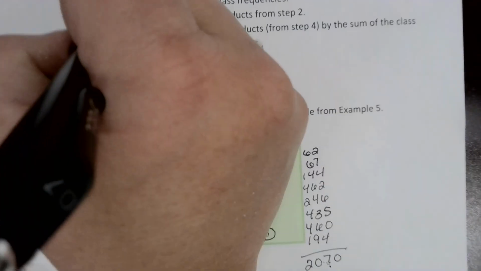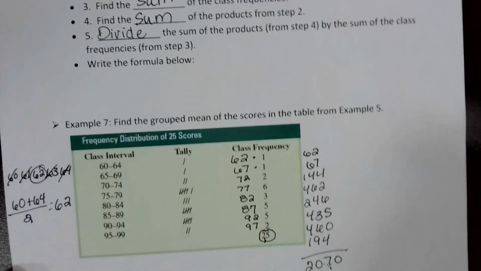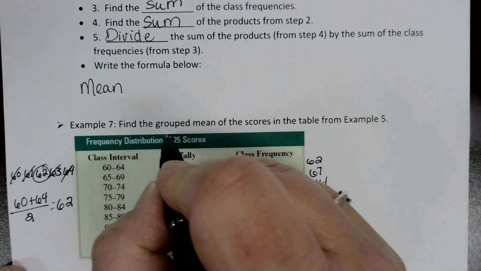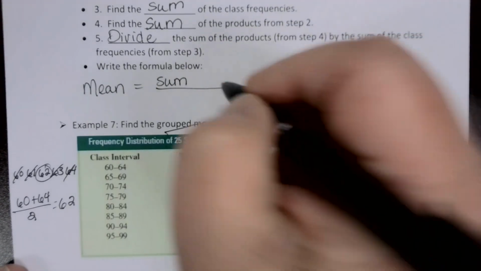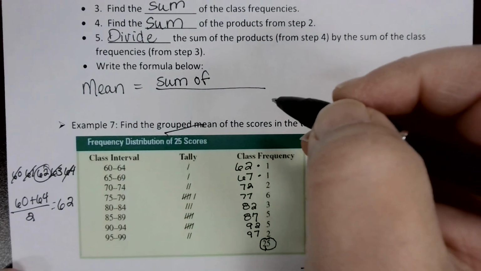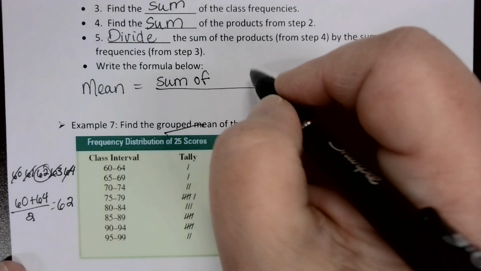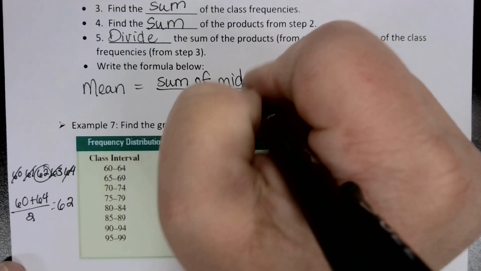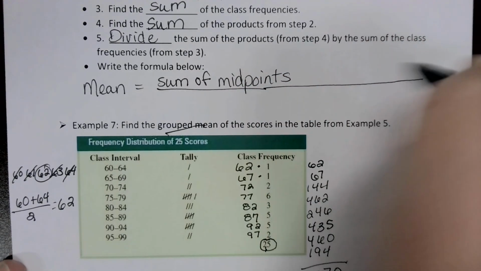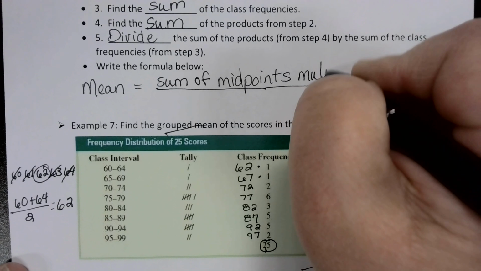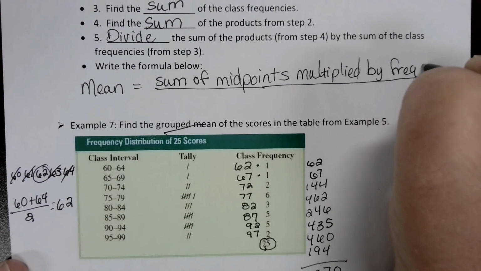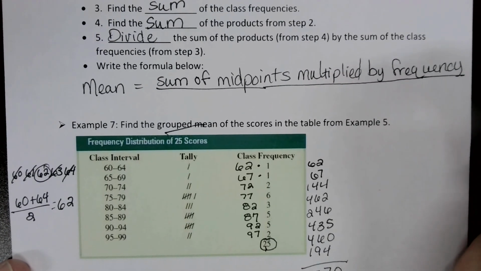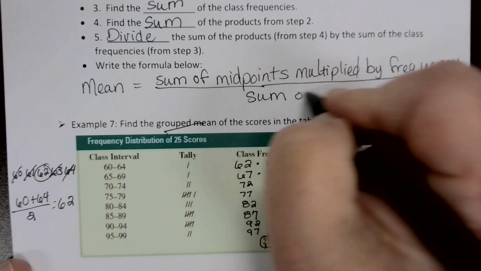We have a formula for this. It's not crazy, but when we want the mean of group data, the group mean, we take the sum of the midpoints multiplied by the frequency, and we divide that by the sum of the frequency.